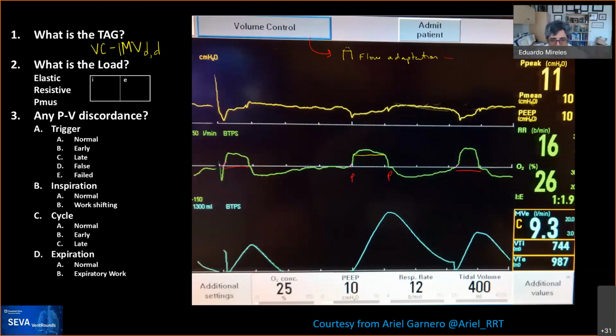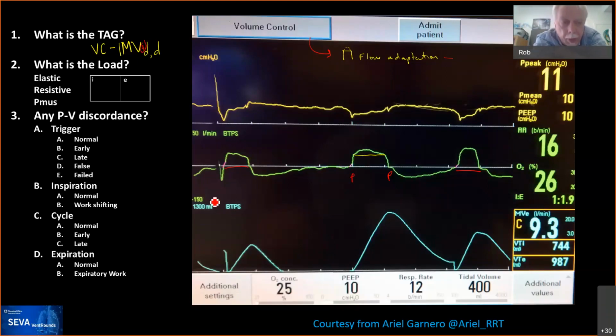Rob? One thing I would add is there are 4 different kinds of IMV, and this is the 4th kind. First kind of IMV, you always get the mandatory rate you have set. The second kind, the mandatory breaths are suppressed if the spontaneous frequency is higher, and the third kind, mandatory breaths are suppressed if the spontaneous minute ventilation is higher, and the fourth kind is here: the mandatory breath is suppressed if it switches to pressure control and is patient-cycled.